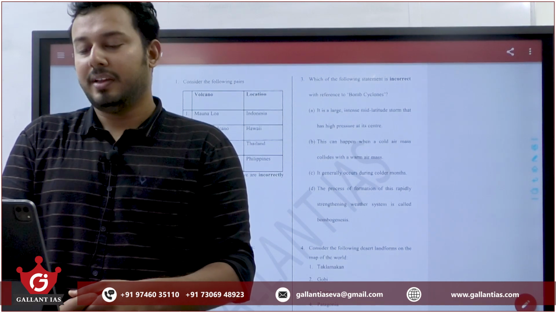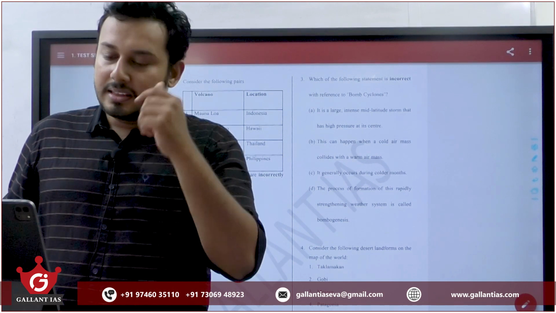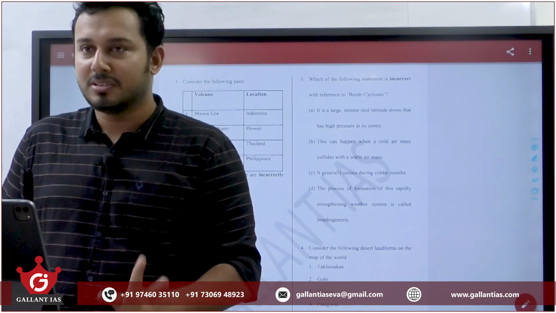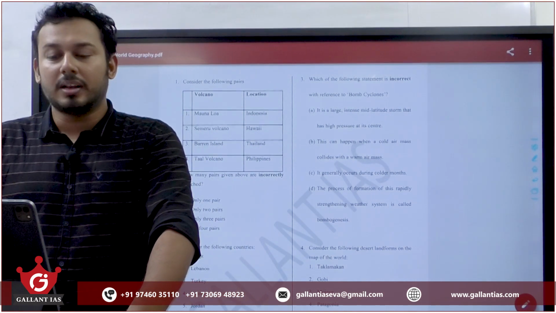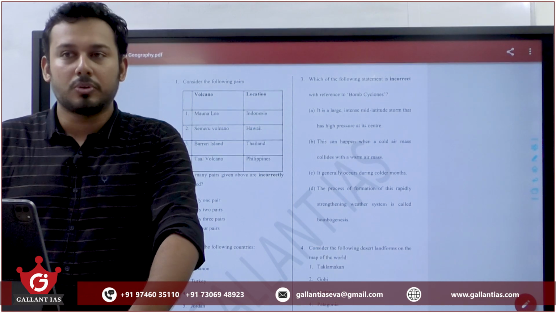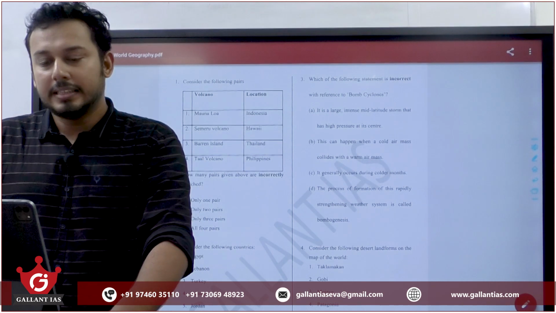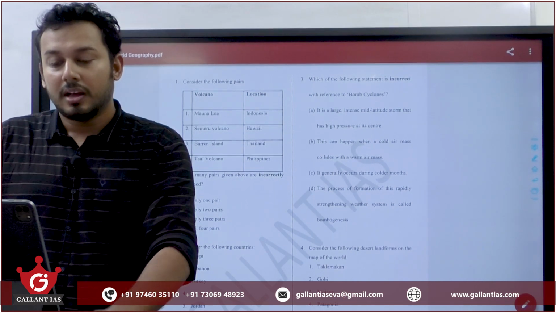So, if geysers and hot springs are two different things, then either 2 and 3 both are right or 2 and 3 both are wrong. That is the possibility. These are fountains of steam and water that is heated above boiling point. Is that true? Hot springs and geysers, the first statement is right. Then 2 and 3 is right or 2 and 3 is wrong. So the answer should be incorrect.